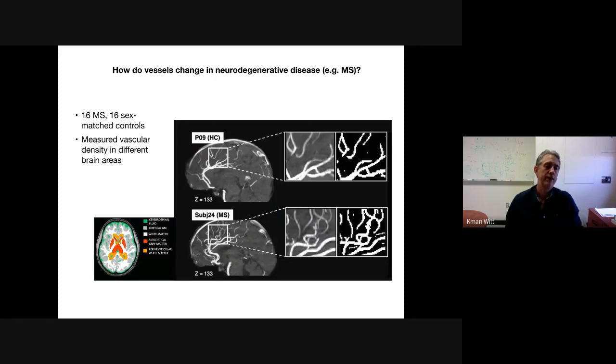So we acquired MRI angiographies in 16 multiple sclerosis patients and 16 sex-matched controls, and ran the vascular modeling pipeline through it. Here's an example of an angiographic image from a healthy control and one from a multiple sclerosis patient, and at least by eye, it seemed that we were seeing more blood vessels in the MS patients compared to the healthy controls.